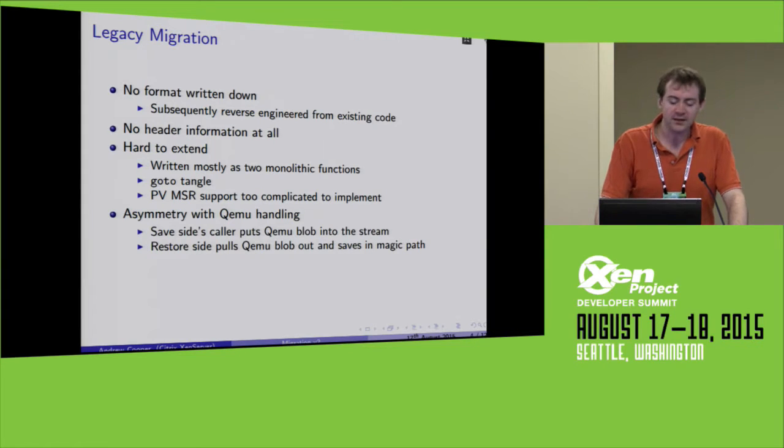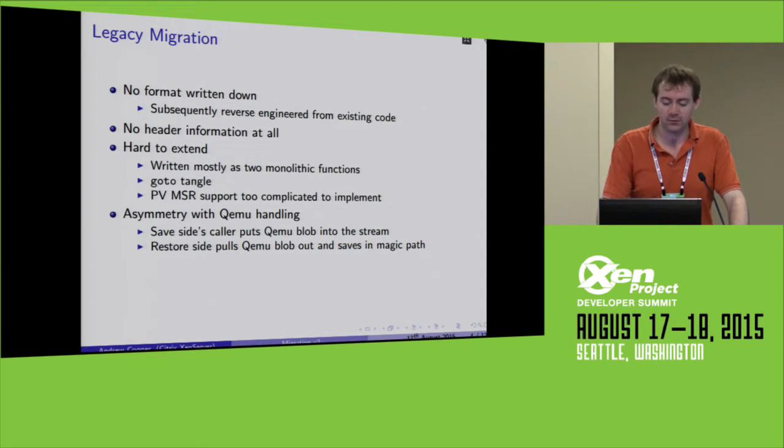The other thing that happened is the asymmetric handling of the QEMU record. I think this is a side effect of when Remus got added, where there were multiple QEMU records in the image.